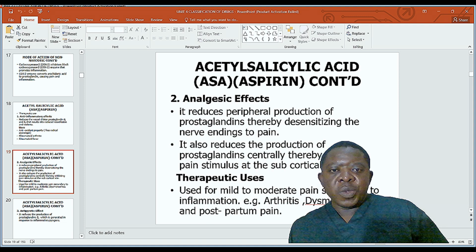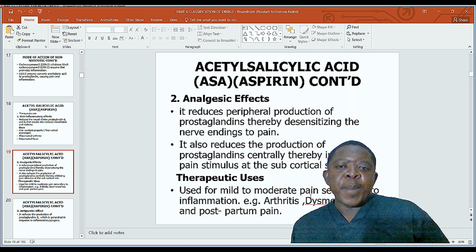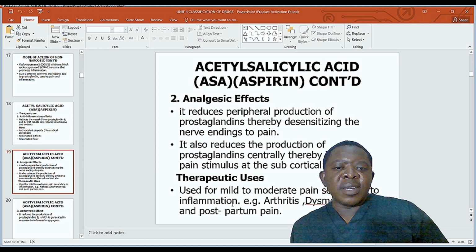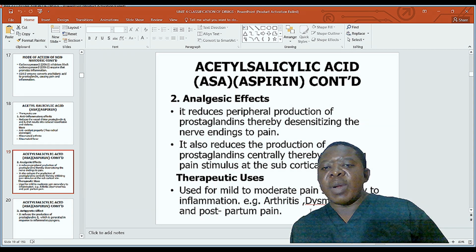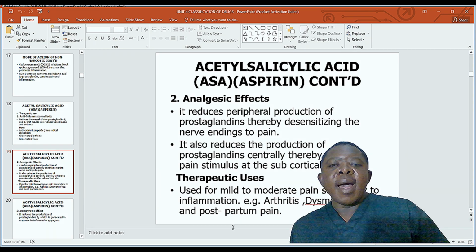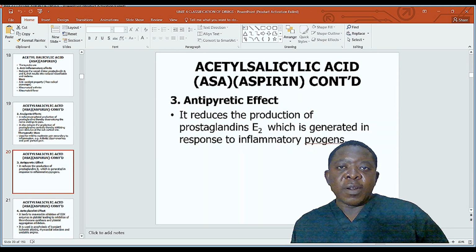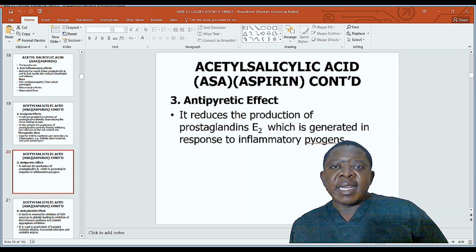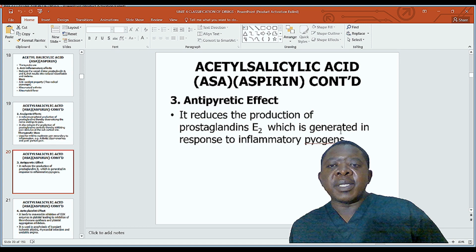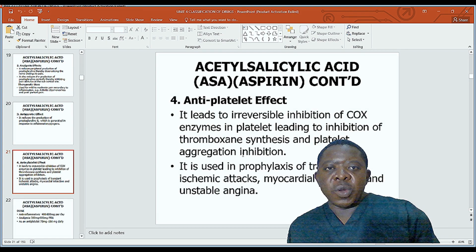Therapeutic uses: mild to moderate pain secondary to inflammation, for instance arthritis, dysmenorrhea, and postpartum pain. Antipyretic effect of salicylic acid or acetylsalicylic acid: it reduces the production of prostaglandin E2, which is generated in response to inflammatory pyrogens.